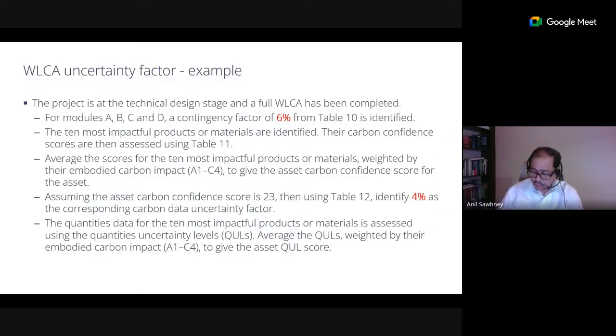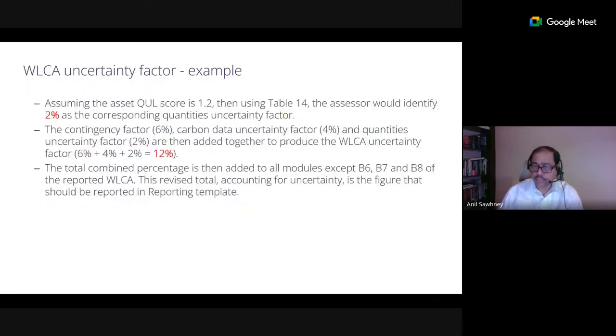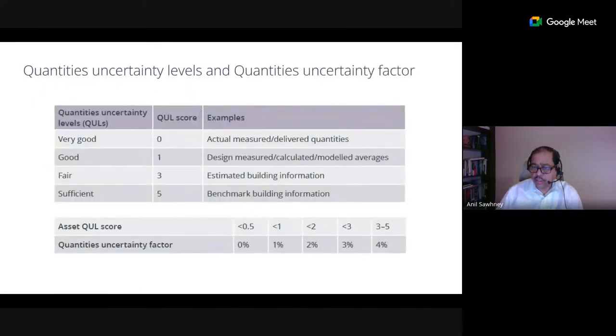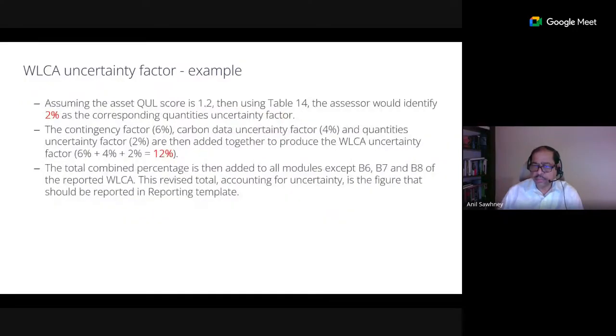You go and look at each one of them, then do a weighted average by embodied carbon. And you maybe find the average QUL score to be 1.2. So then if the QL score is 1.2, obviously from this table, you will get 2%. You add the three together, that is your uncertainty factor, 12%.